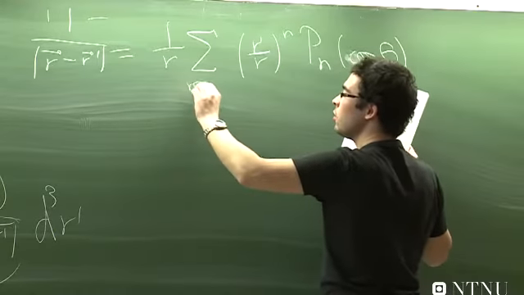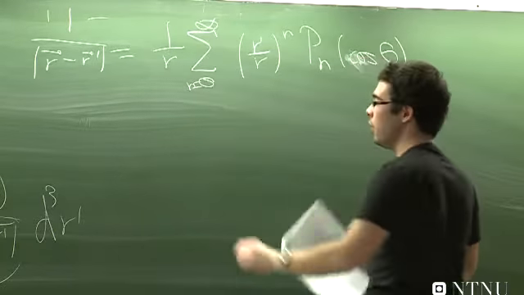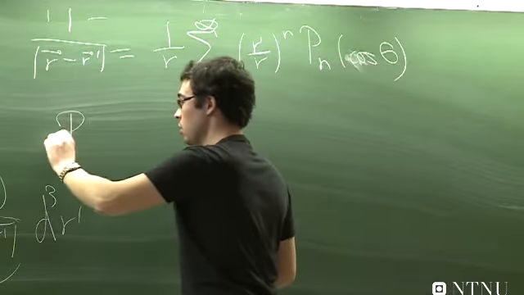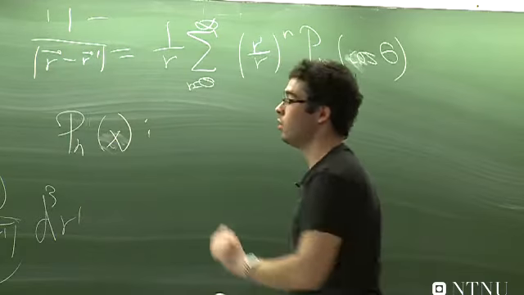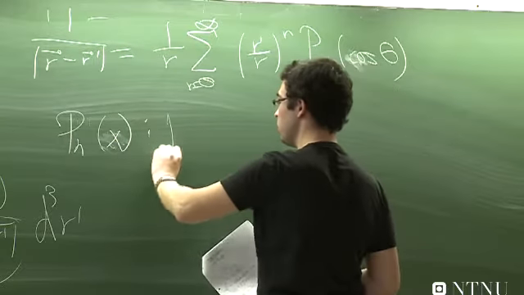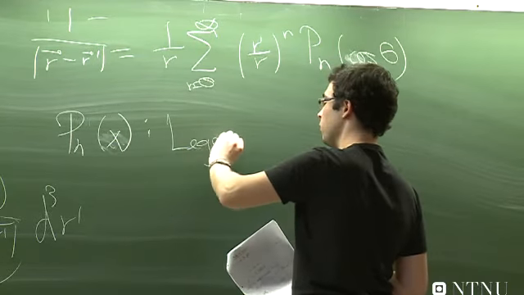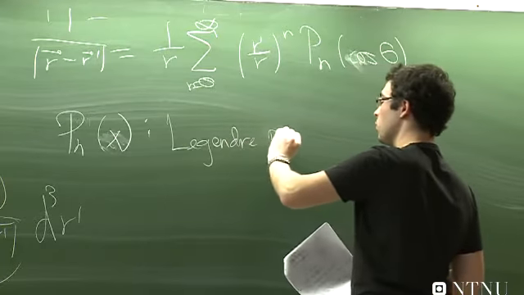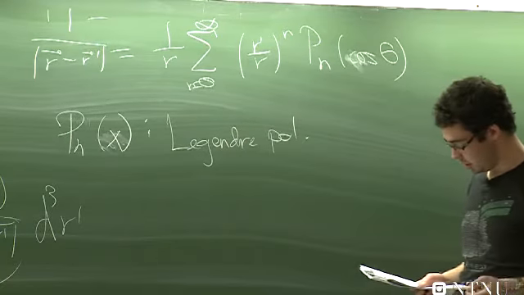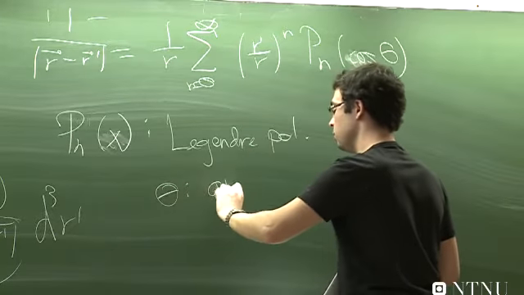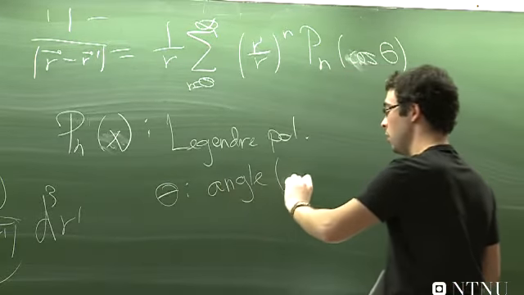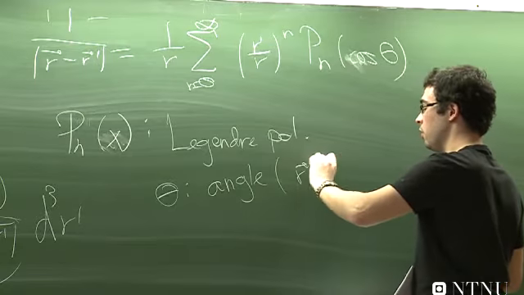N goes from 0 to infinity, and Pn of x, those are the Legendre polynomials. And theta, that's the angle between r and r prime.